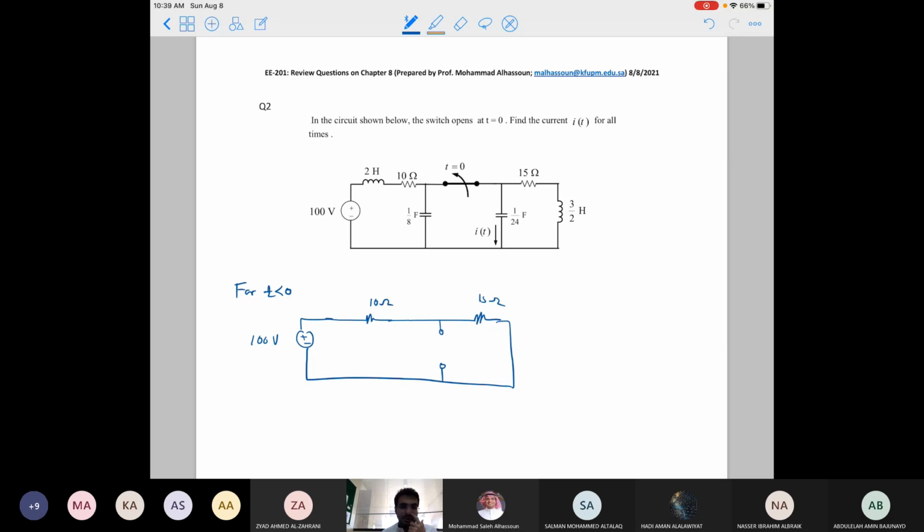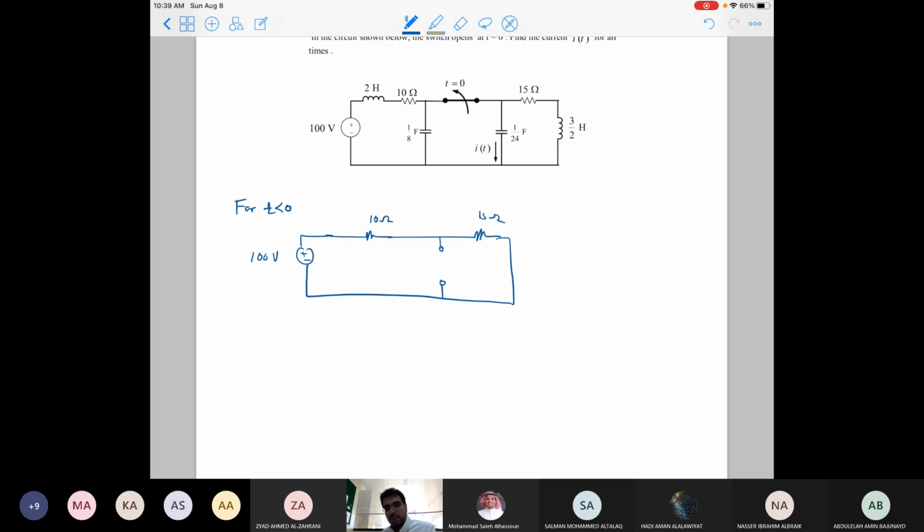The second option is you find the voltage across the capacitor, then you take the derivative of the voltage, and you will get the current. But let's find the current directly. So let's study what happens for t less than 0. So remember, for t greater than 0, let me draw it here.